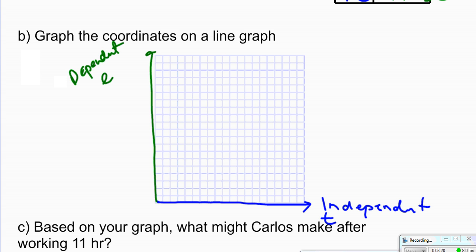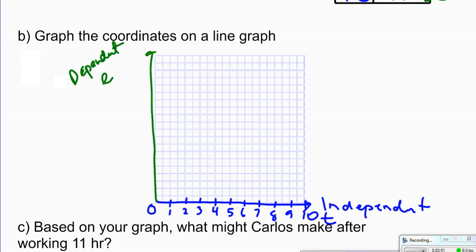So we need to make a scale, 0. So let's have 1 hour, 2 hours, 3, 4. Okay, you could pick a different scale, but there's no point squishing your data together.